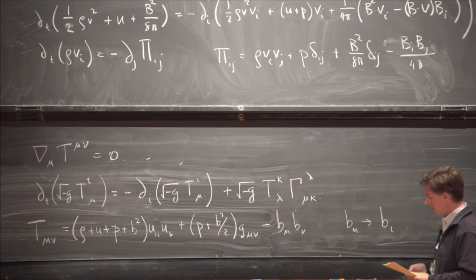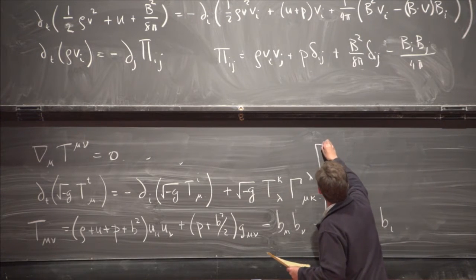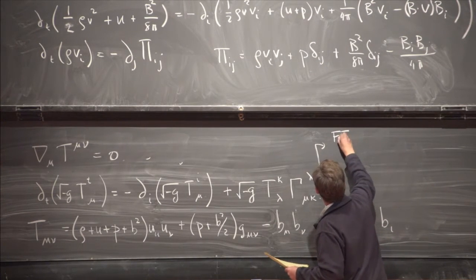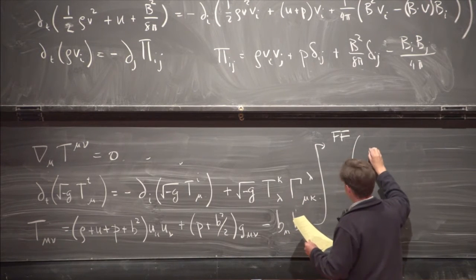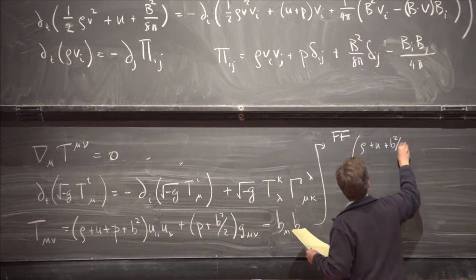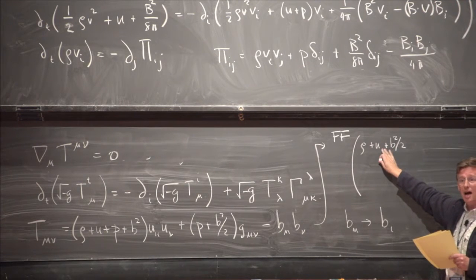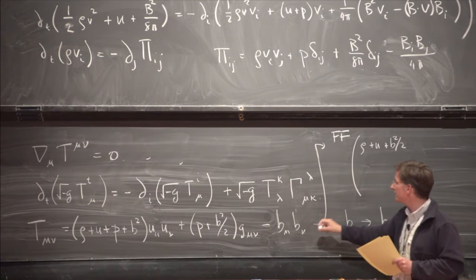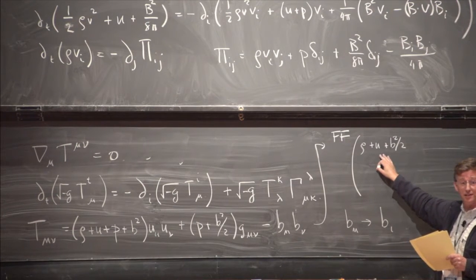Okay. So in the fluid frame, so FF means fluid frame here, this tensor looks like this: rho plus u plus b squared over 2. So this entry, this time entry in the stress energy tensor in the fluid frame, can be interpreted as the energy density.